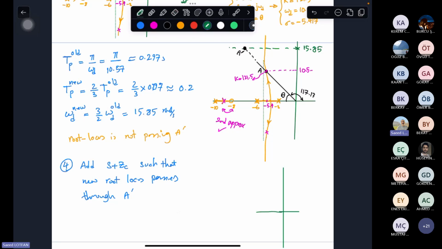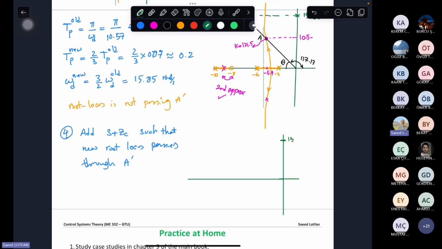Like this. If this is 15.8, this should be 10, okay? So I have to scale it better. And this is, let's say, the 170 zeta line.